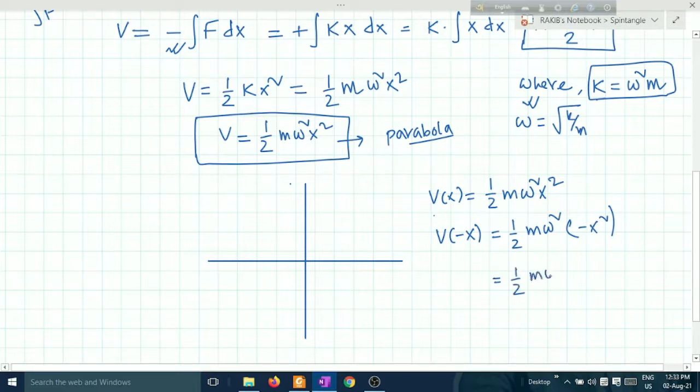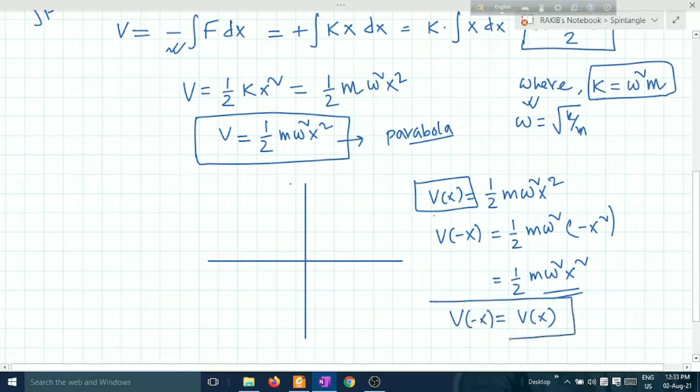This means half m omega square x square. You can see this is the same as V of x. Therefore V of minus x becomes V of x. This is called a symmetric potential.